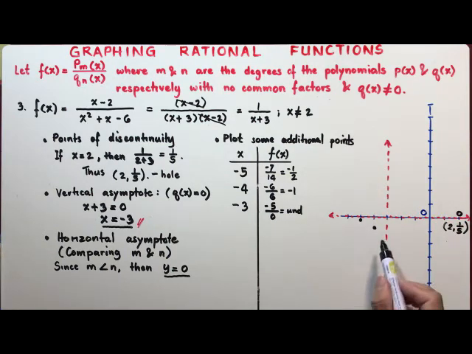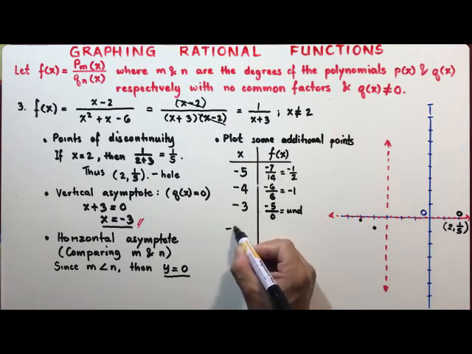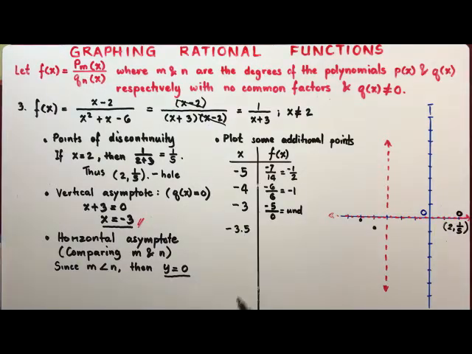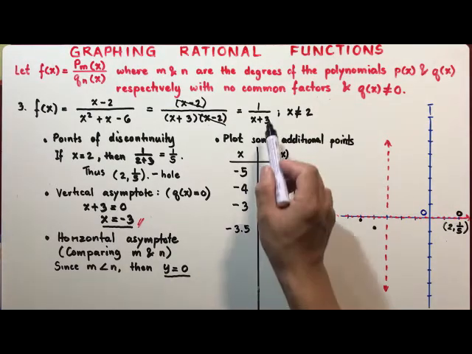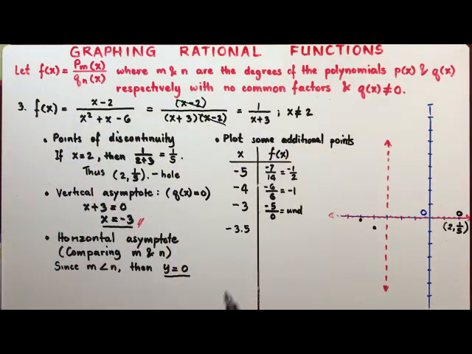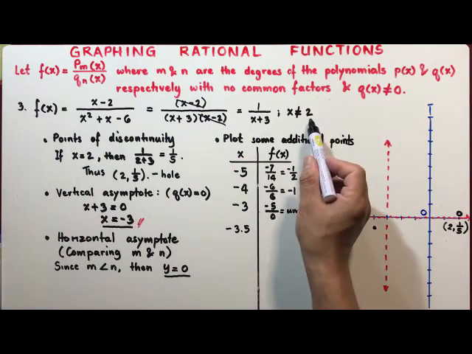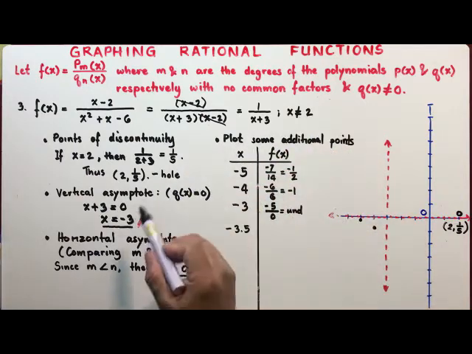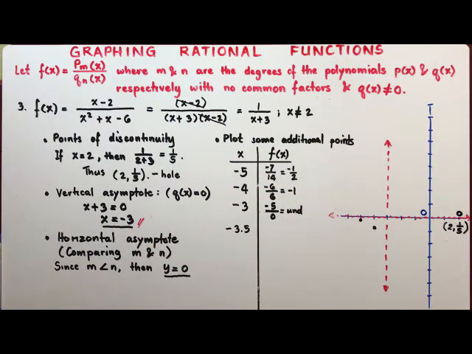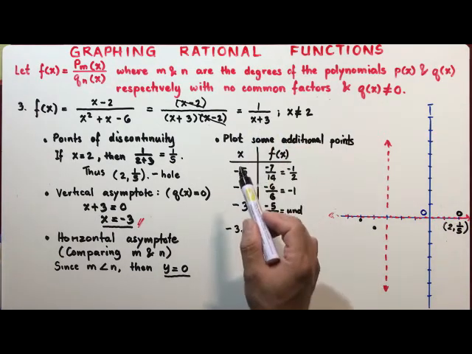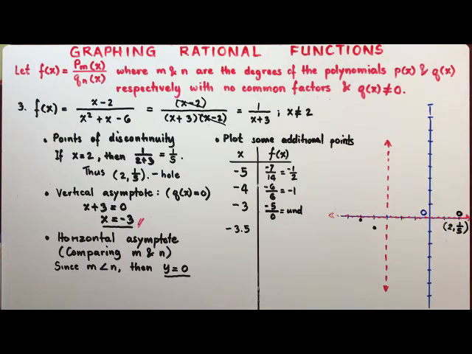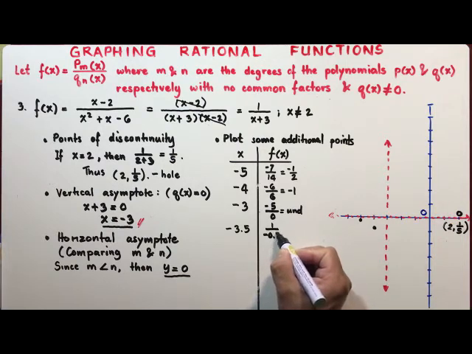So let's try some value closer to x equals -3, but to the left of this -3, so say this is -3.5. So substituting our x here to the reduced form of our function, because anyway our x is not 2, because 2 is where our hole is located, then it's okay to substitute our x. So 1 over -3.5 plus 3, that is 1 over -0.5.